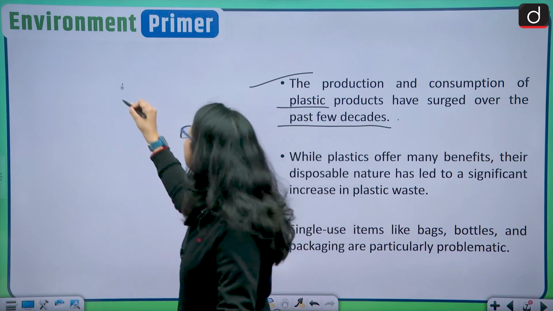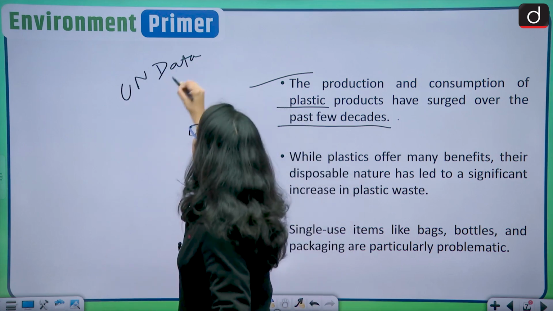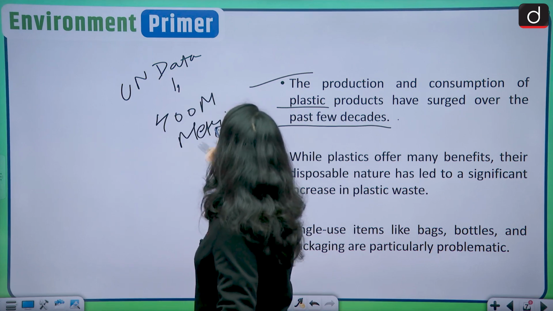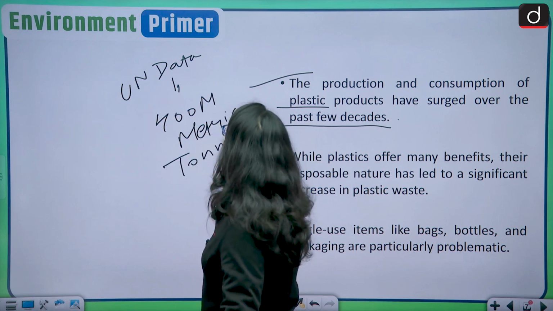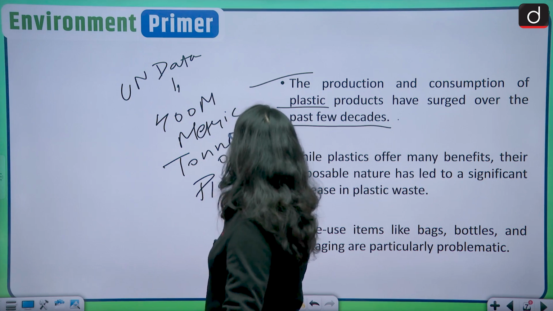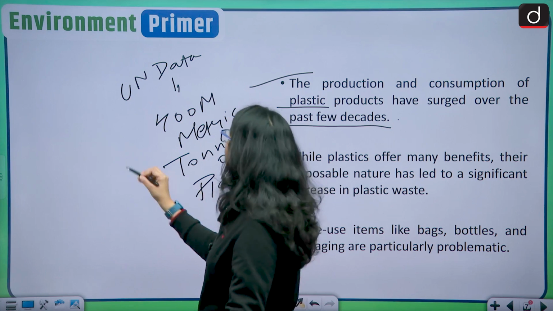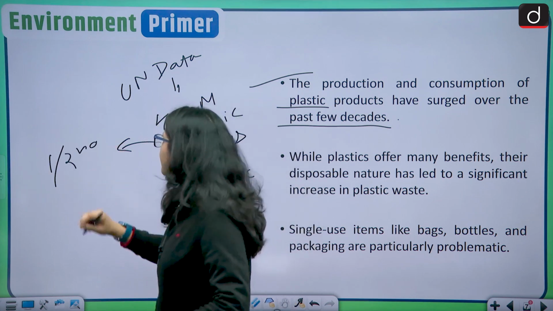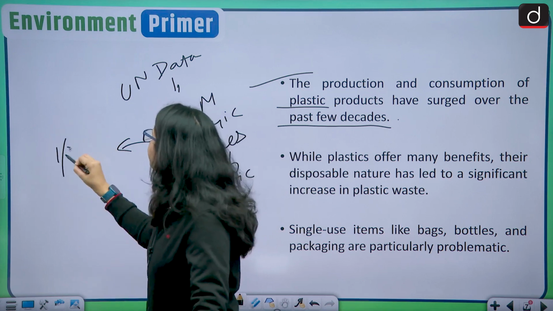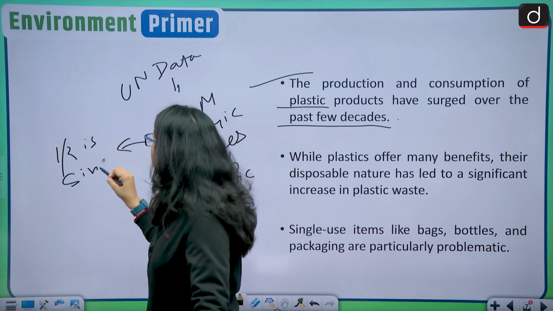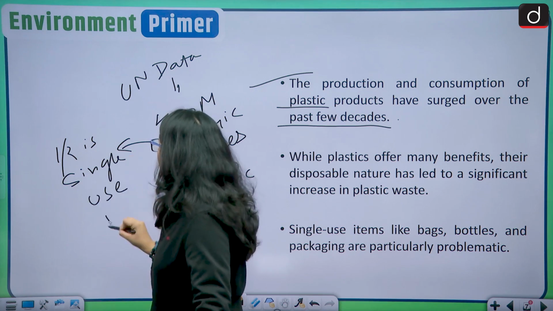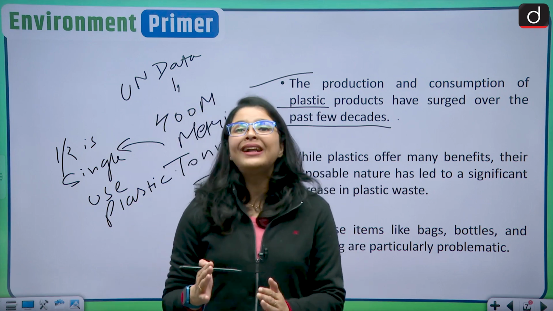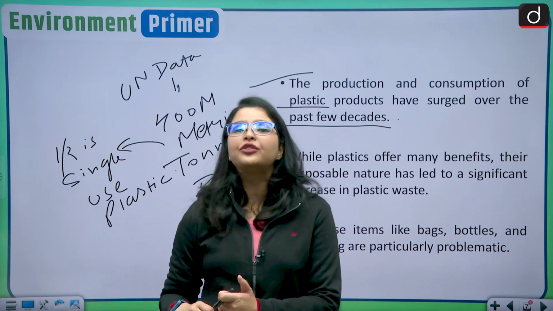As per a UN data, 400 million metric tons of plastic is produced and half of it is single-use plastic. So just imagine 400 million metric tons of plastic and half of it is single-use plastic.